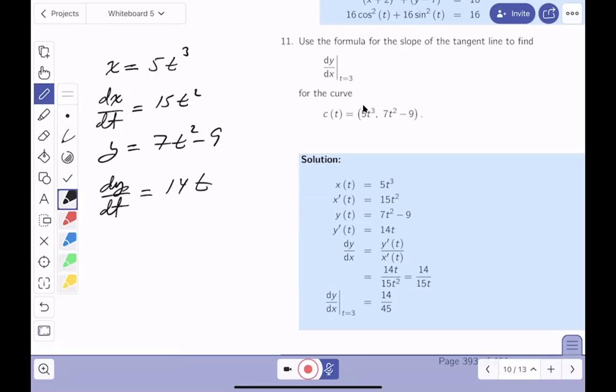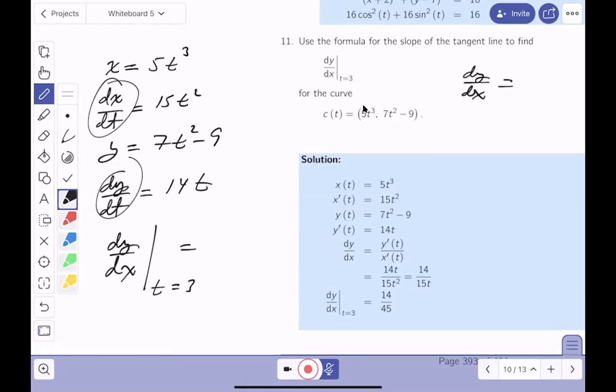Now, what do they want to do? They want to find out what dy dx is, evaluate it when t is equal to 3. Well, what's this going to be? I'm going to write down dy dx now. And it's a ratio of these two things over here.